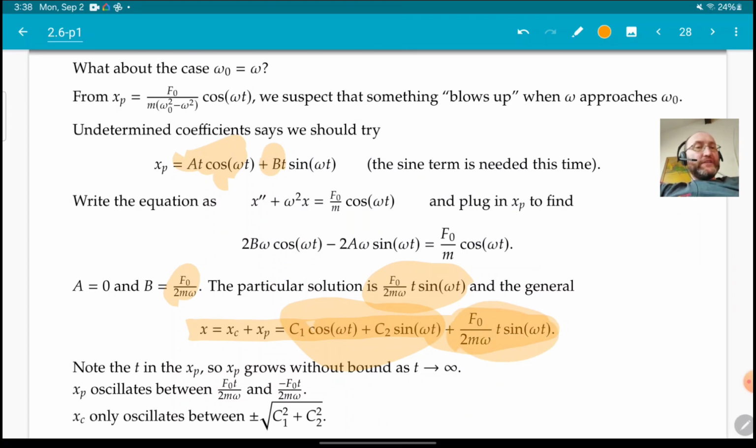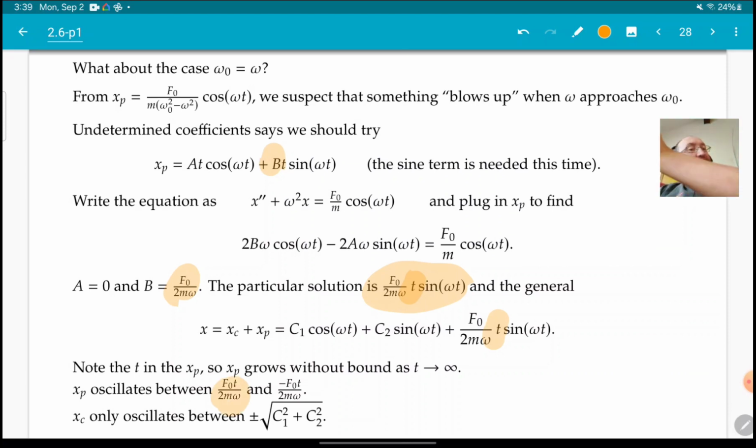Now, note the t here, the t out here. What it does is makes the particular solution grow without bound, because what is the amplitude? It's this guy. It has a t in it. So as time grows, the amplitude grows.